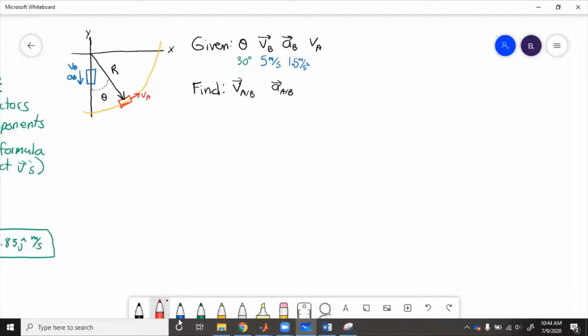And A, speed can be 6 meters per second. So this acceleration, the actual vector is going to be down because velocity and acceleration here, those are both down. So negative, negative.